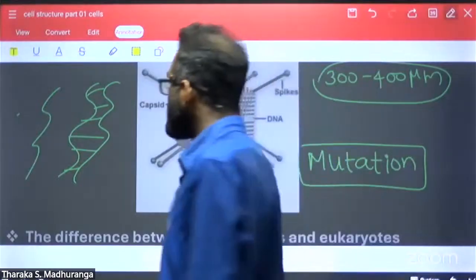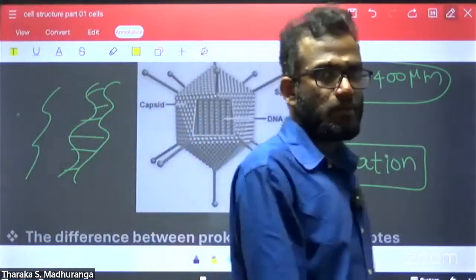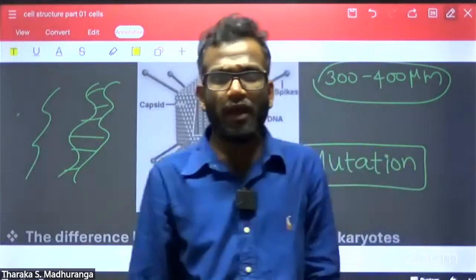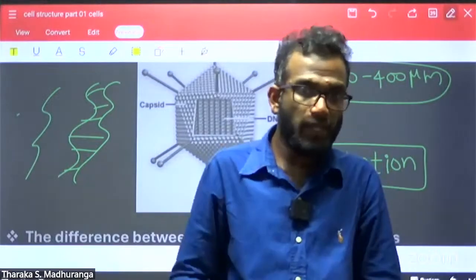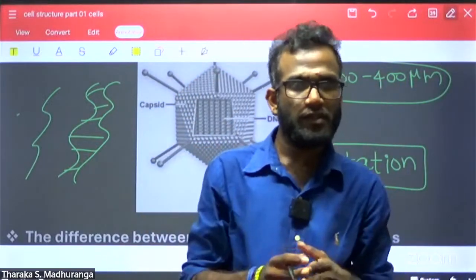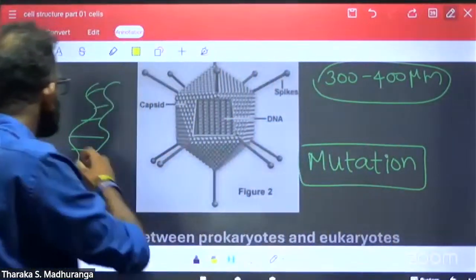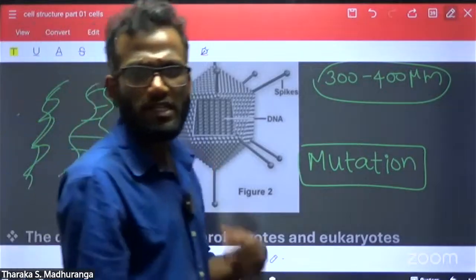But if we consider RNA viruses like COVID-19, the RNA viruses are the more harmful to animals. Remember that, okay? The reason is a lot of mutations. The RNA structure is very simple. Only a single chain.